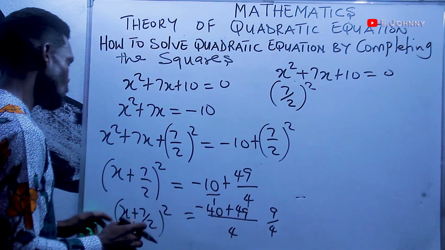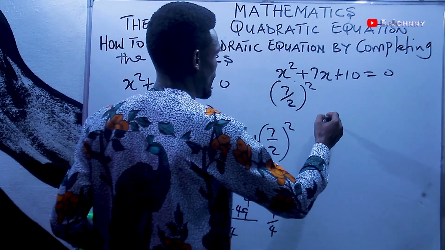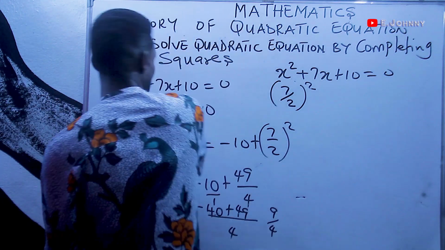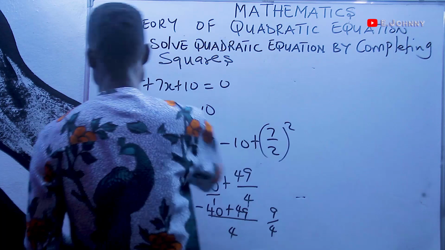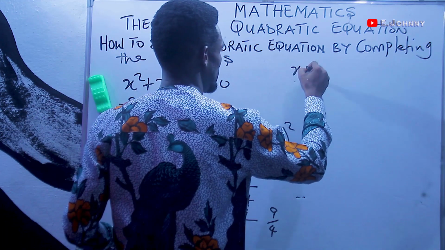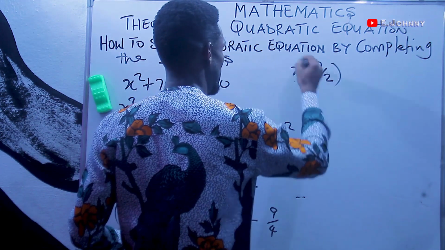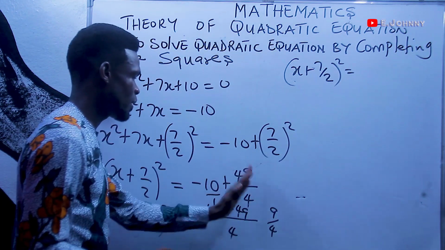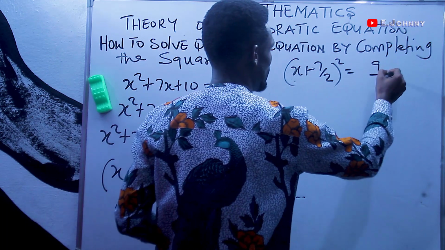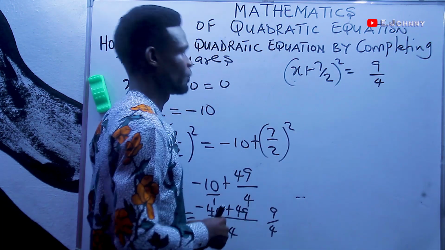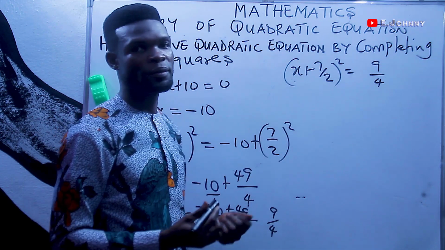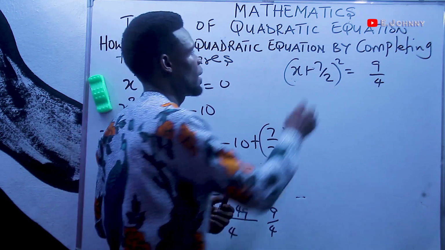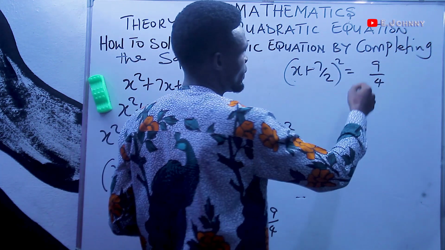So you are going to have x plus 7/2 squared equals 9/4. Having simplified this fraction, 9/4, I'm looking for x. Now don't forget that this square will move to the right hand side.